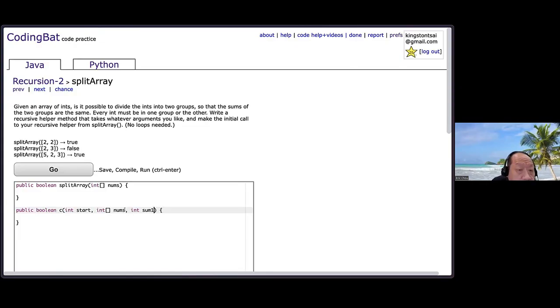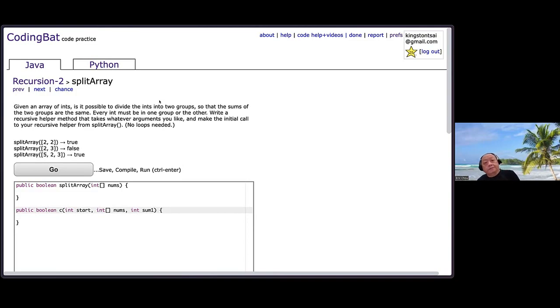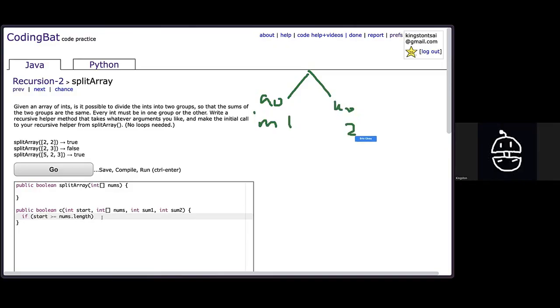Do you know what they want so far? Yeah, you have to make two groups of integers that have the same sum. So basically, let's assume you are A0. A0 will be in group one or A0 in group two, something like that.